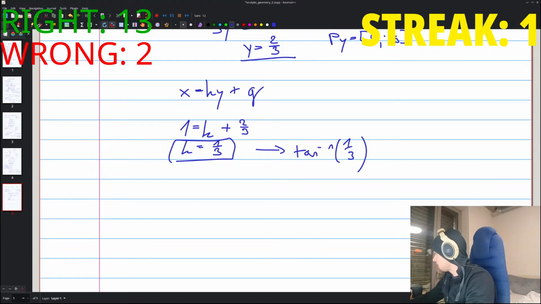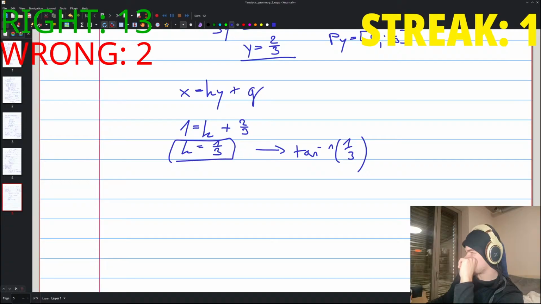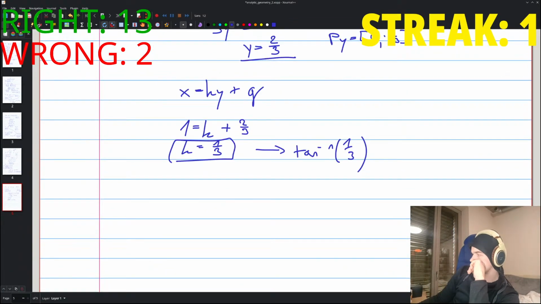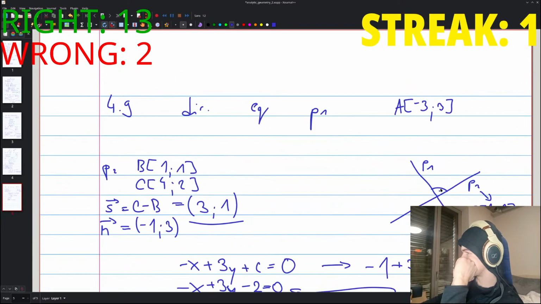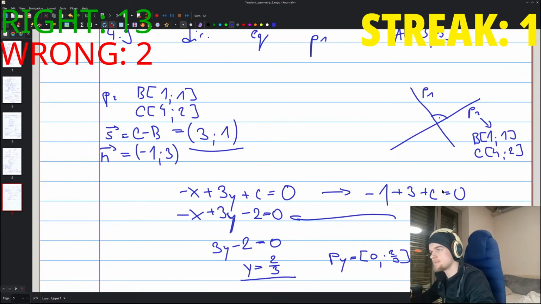Let me just quickly do that. Of 1/3 in radians, please. Ooh. Okay, that's not good. It is not good at all. No. I must have made a mistake somewhere because that is not good.